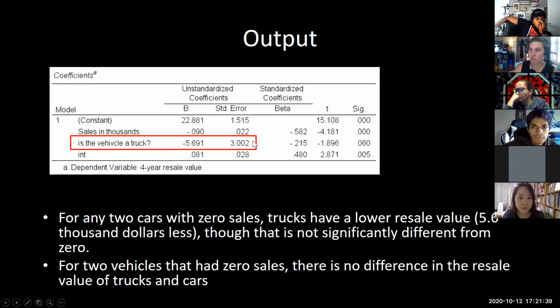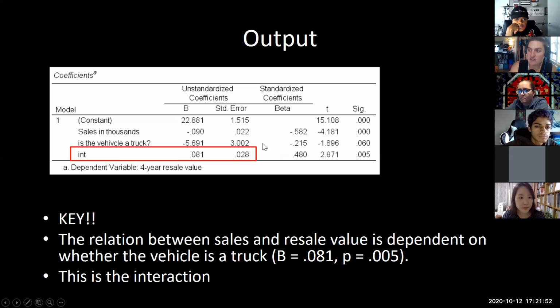Okay, so that's how you interpret that. So far, all we've done to change up what you've done before is you can't say holding constant, you have to say at this point. Again, I'll show you why in a second on graphs. Now the interaction, this is your new guy. This one is asking the question of whether the relationship between sales and your resale value is dependent on whether the vehicle is a truck.